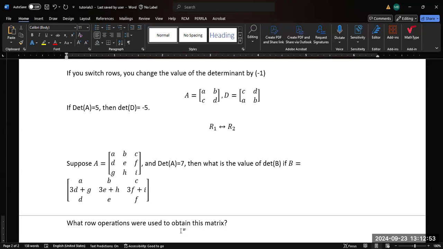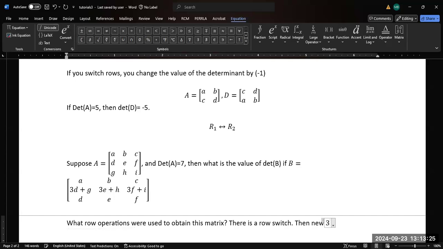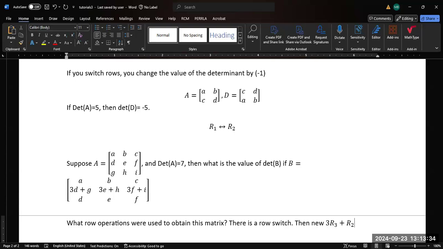So in this example, we would say that if I ignore the 3D, 3E, and 3F, for example, there is a row switch to start with. So rows 2 and 3 were switched for each other. So that's going to be a -1 factor. And then the new row 3, row 3 was added to row 2, the new row 2.